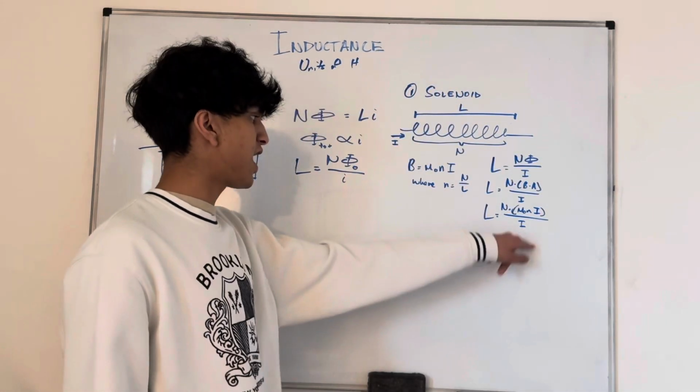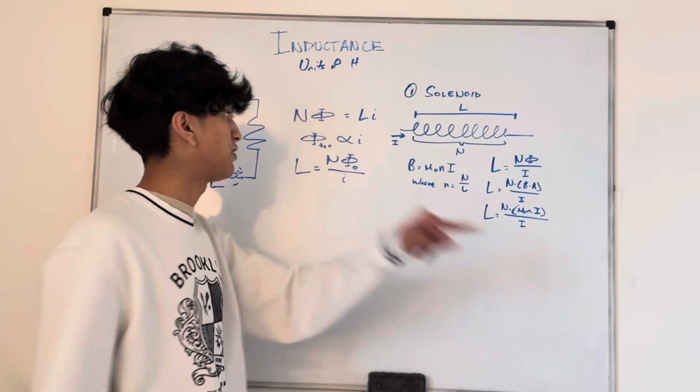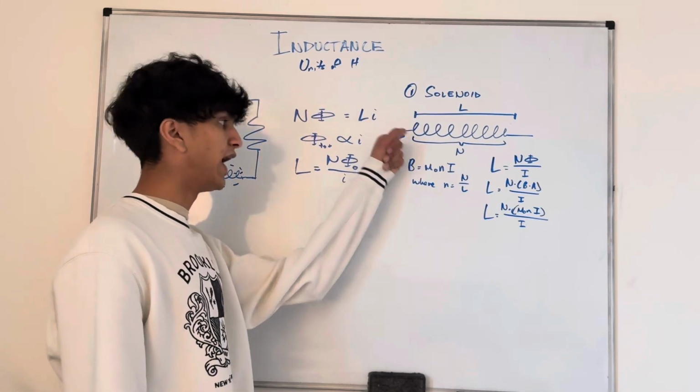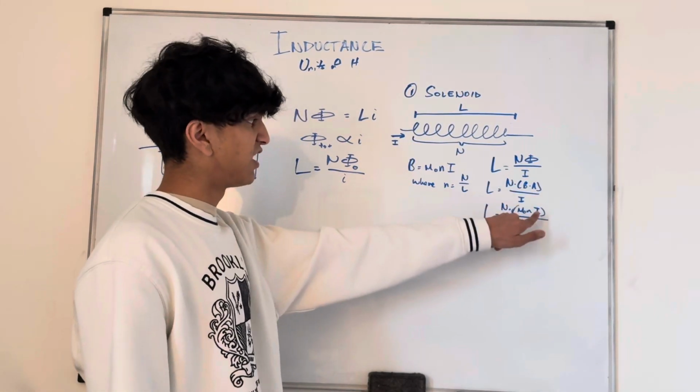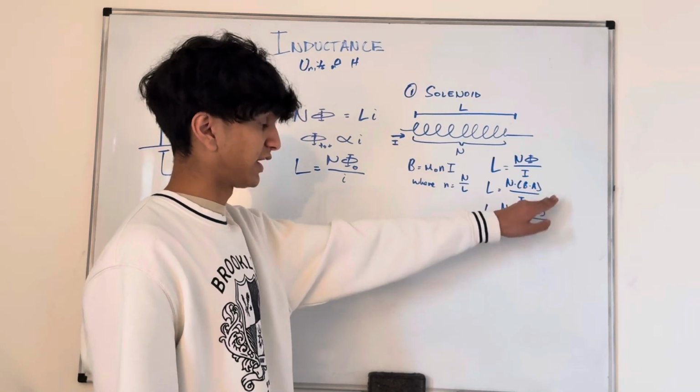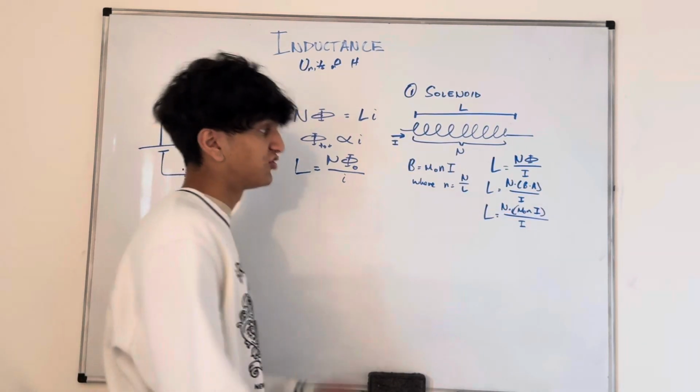Hey, look, I crosses out. That's what I was talking about. Flux is proportional to I because the magnetic field in this case is proportional to I, so the I's drop.